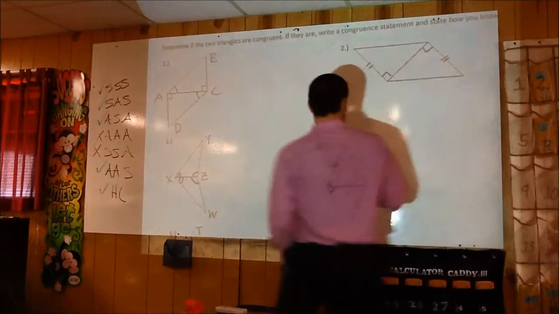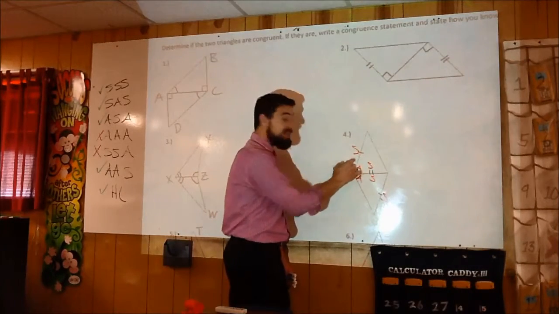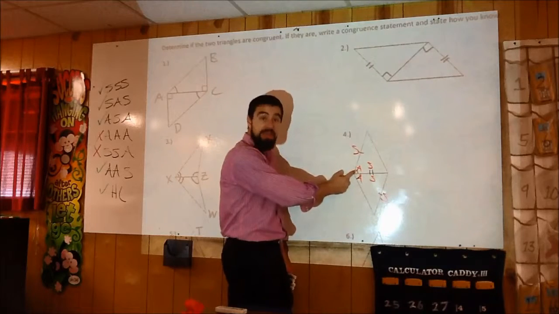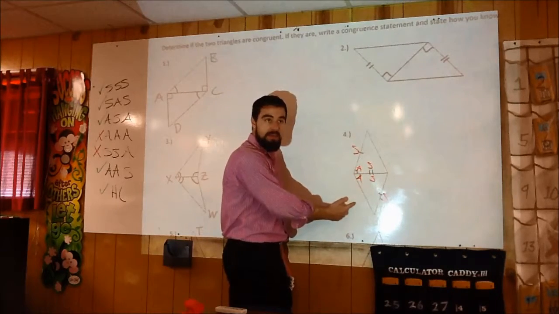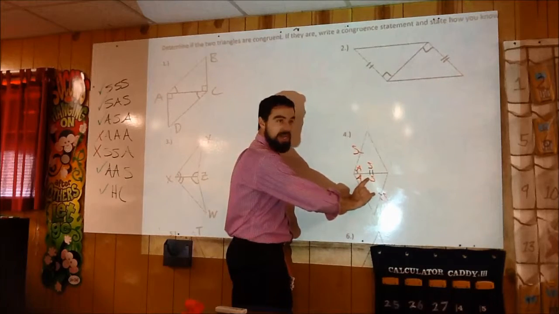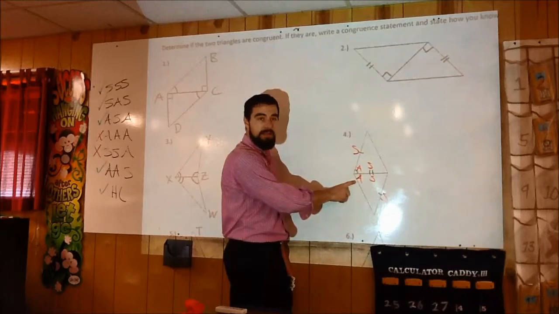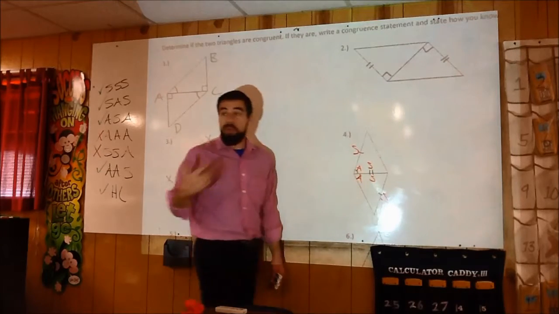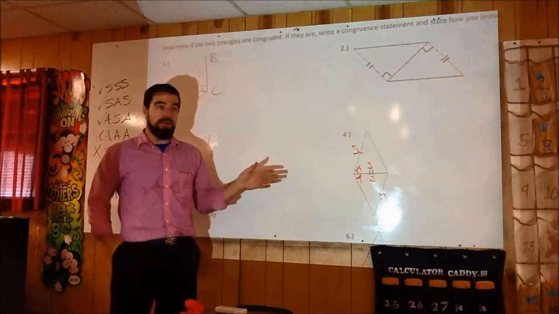So for the top triangle, we have two congruent sides and then the included angle, the angle that's in between those two sides. However, on the bottom triangle, we know two congruent sides and then a non-included angle. So we were told three congruent parts.